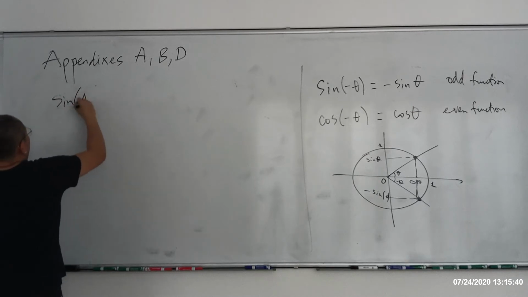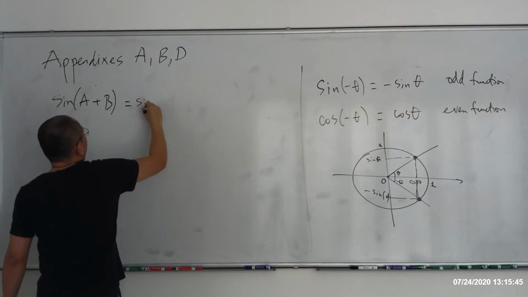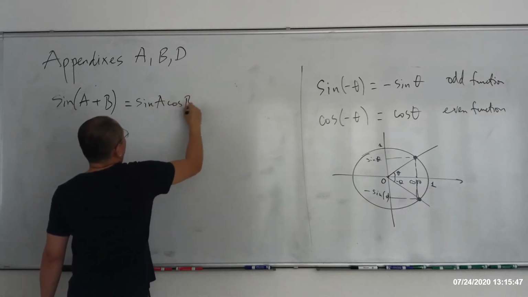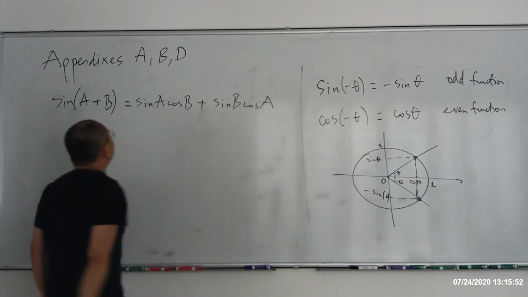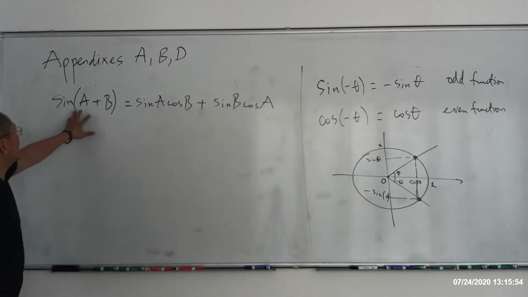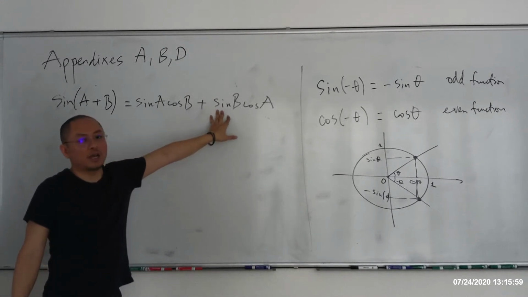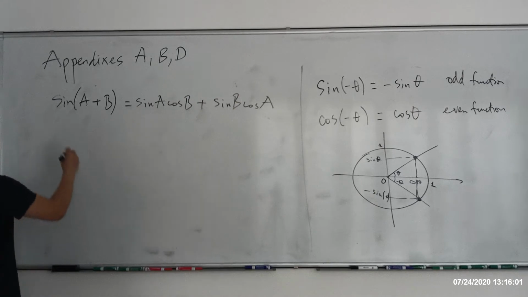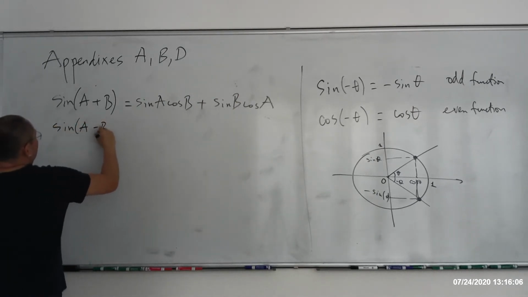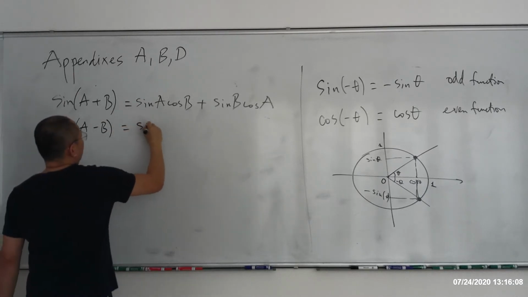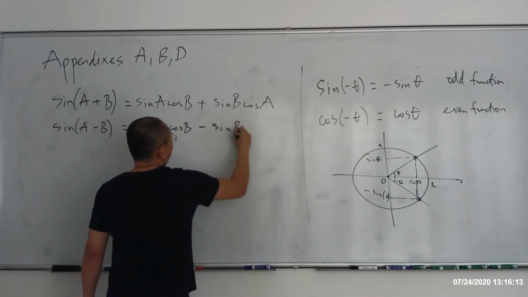Sine of A plus B is going to be sine A cosine B plus sine B cosine A. Whenever you calculate the sine of a sum of two angles, you can break it out: sine of the first angle times cosine of the second angle, plus sine of the second angle times cosine of the first angle. How about sine of A minus B? It's going to be sine A cosine B minus sine B cosine A.